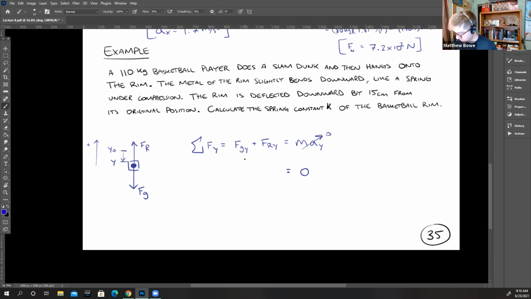Okay, so we have G, Y, and R. Let's actually put what these are on this next step.